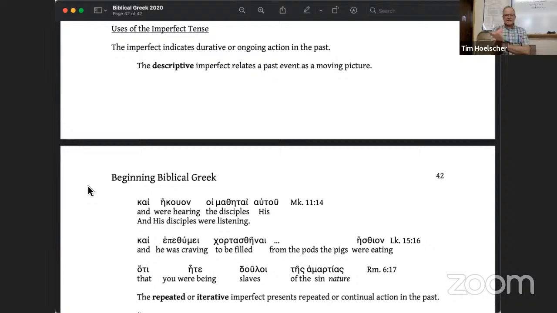I translate "listening," but you also can translate "hearing." When I did the translation, it says, "and his disciples were hearing." Is there another word for listening? It's just a synonym, right? I don't think that there is in Greek. I can't think of another word that would be better translated listening.